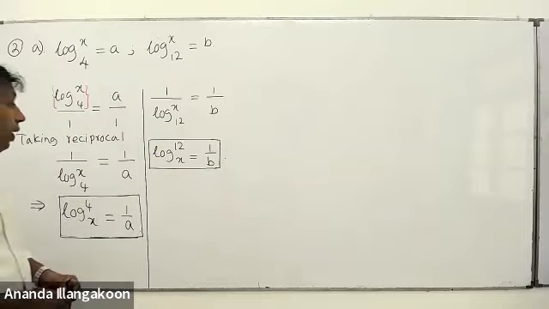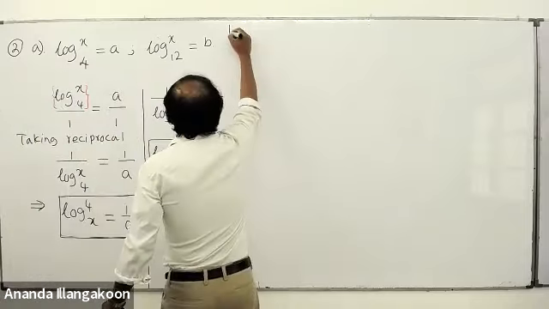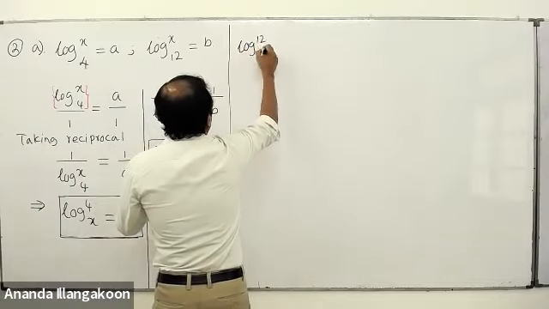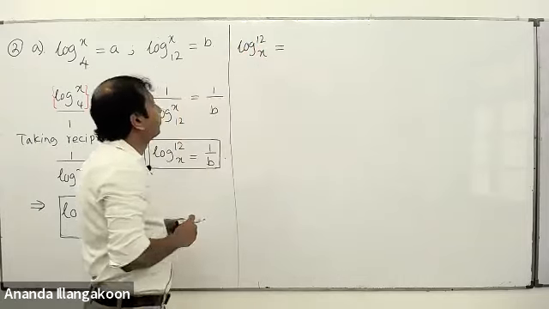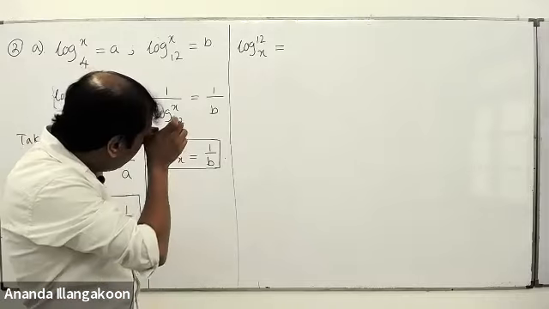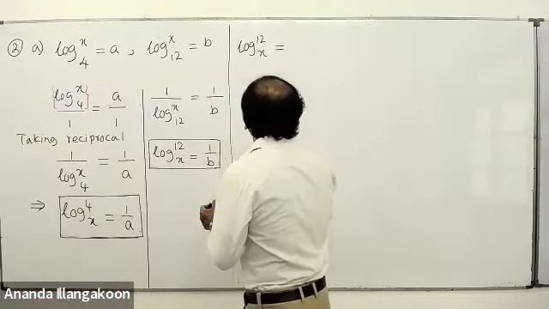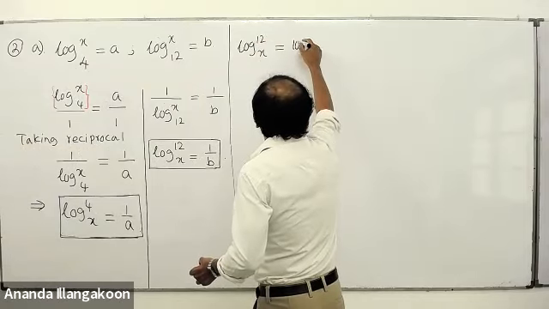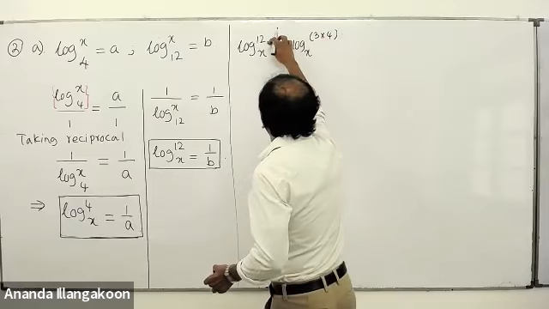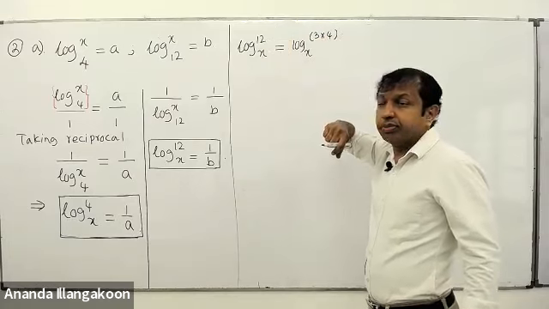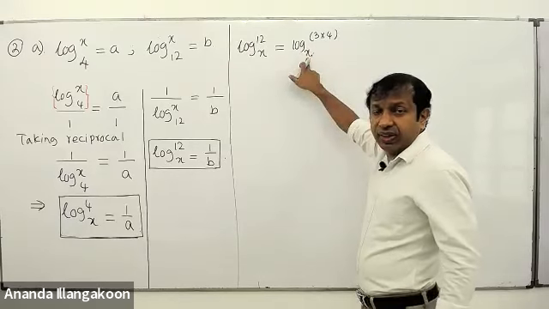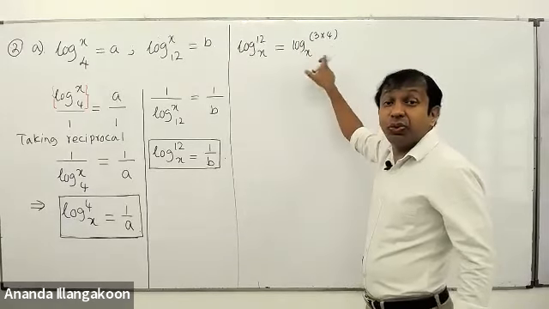Right. Now I can write this logarithm 12 to the base 6. Logarithm 12 to the base 6 we can write, people, this way. This 12 I can write as 3 into 4. 3 into 4, 12 comes. You know, people, when we have a product of 3 and 4 inside the log, this product we can write as a sum of two log terms.